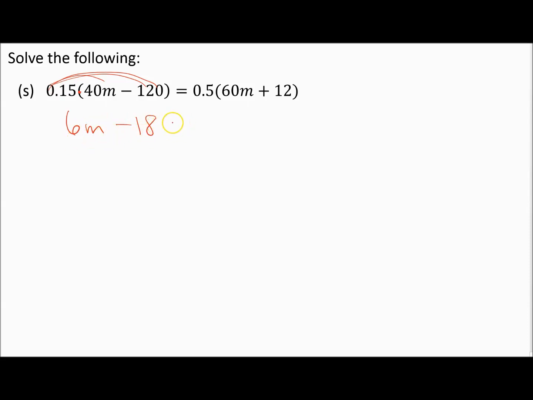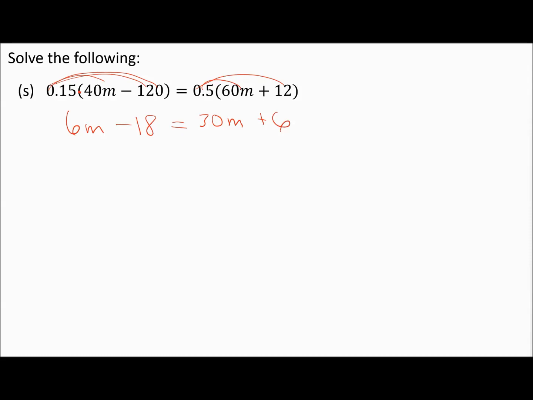That cannot be simplified further. I'm going to do the same thing on the right by multiplying 0.5 times 60. Now 0.5 is a half, and half of 60 is 30, so that's 30m. And 0.5 times 12, again, 0.5 is a half, and half of 12 is 6. Or just use your calculator.